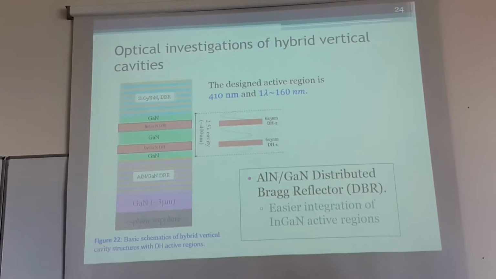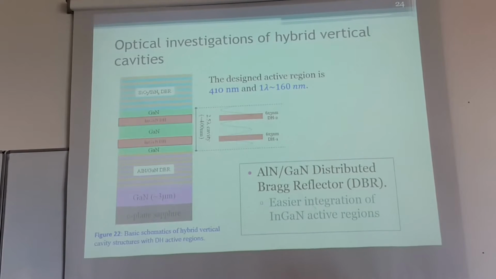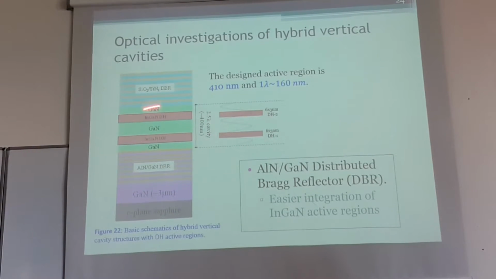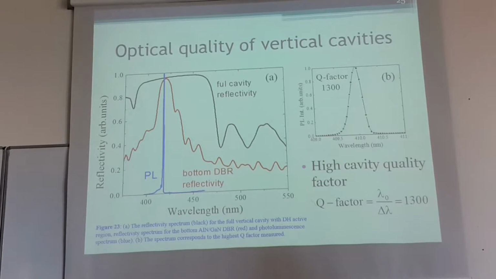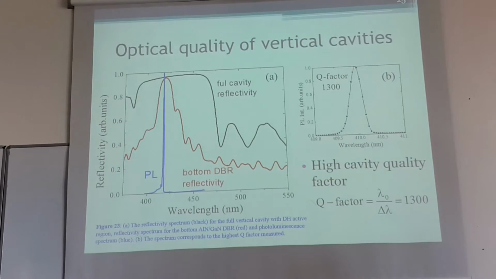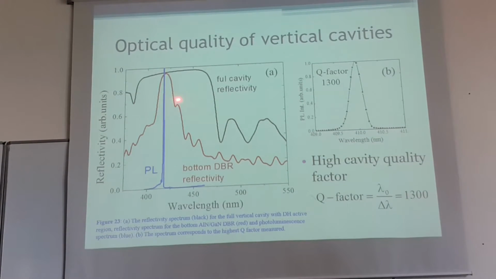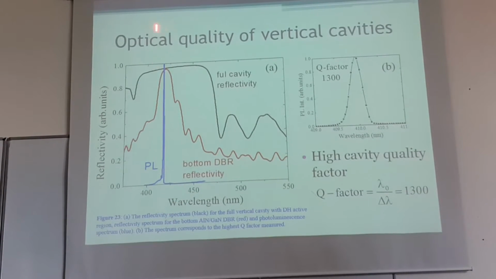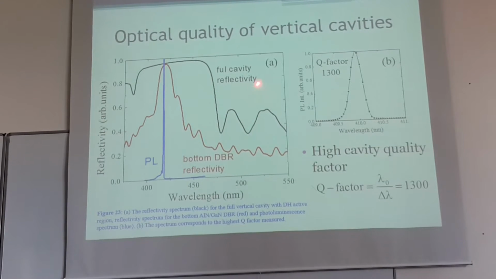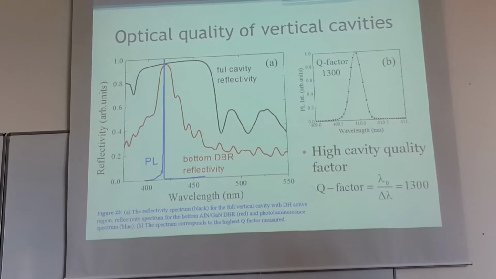In order to obtain higher output, we also need to place the active regions in the antinodes of the electric field in the microcavity. Now I will show you optical results which I obtained from that vertical cavity structure. This is the bottom DBR reflectivity, which has an 18 to 20 nanometer stop band, designed at 410, and this is the full cavity reflectivity from the silicon nitride, silicon dioxide DBR.